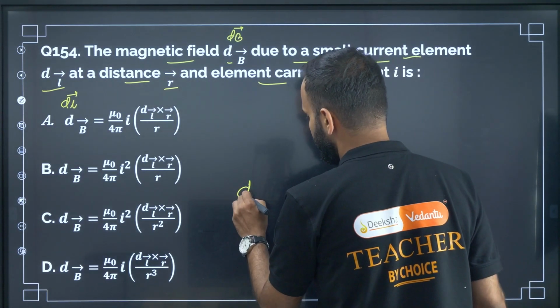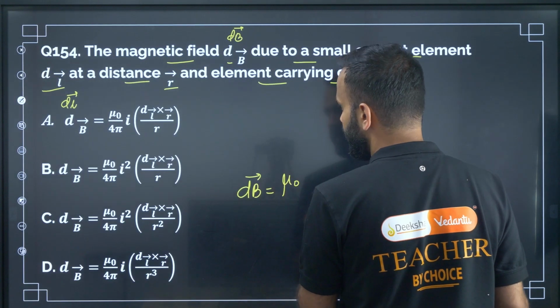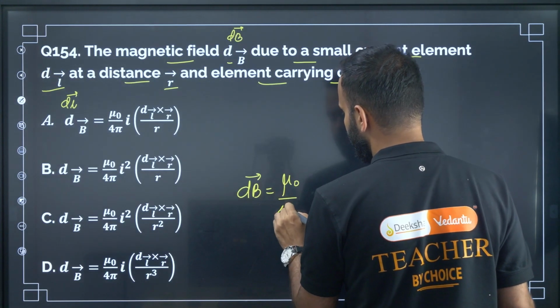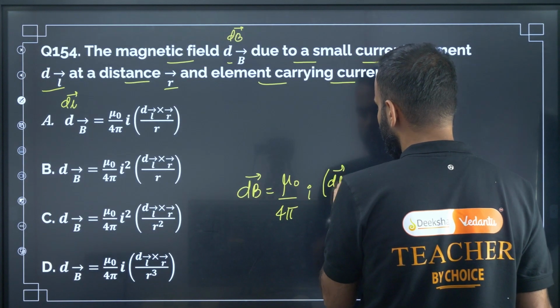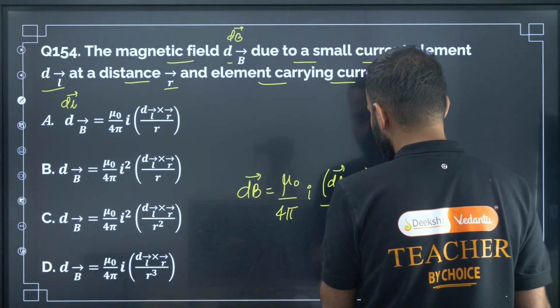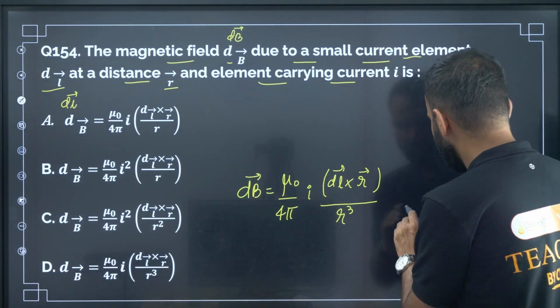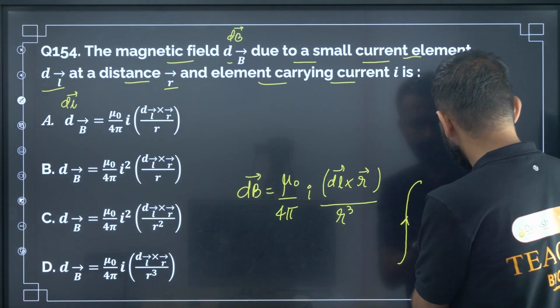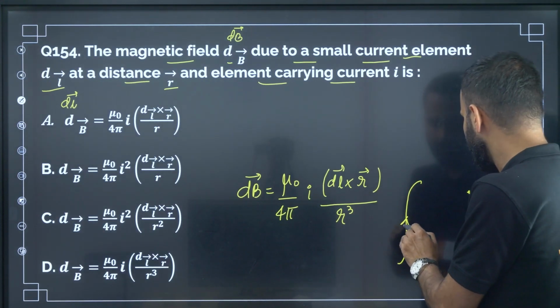What is the Biot-Savart law? dB vector is equal to mu naught divided by 4 pi into I into dl vector cross r vector divided by r cube. This is the current carrying wire, and this is the point P where we are finding the magnetic field.